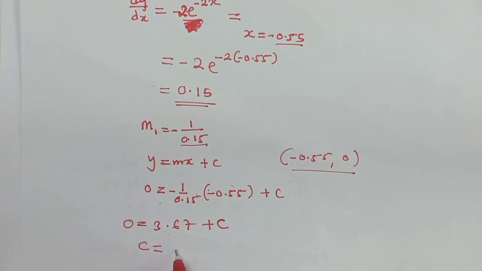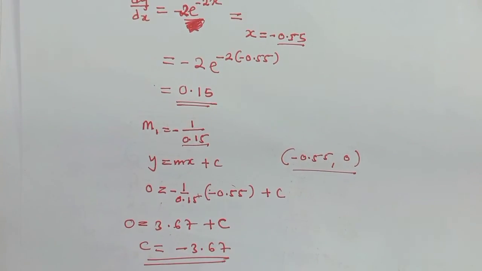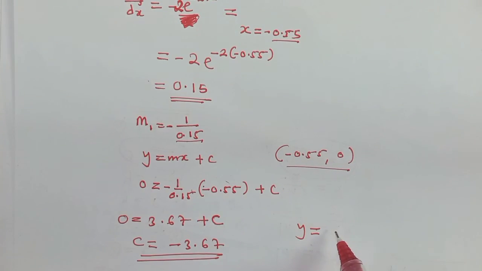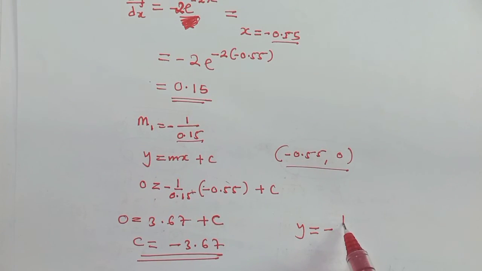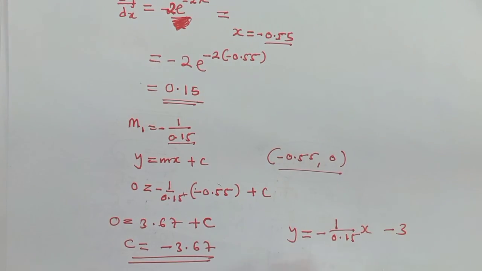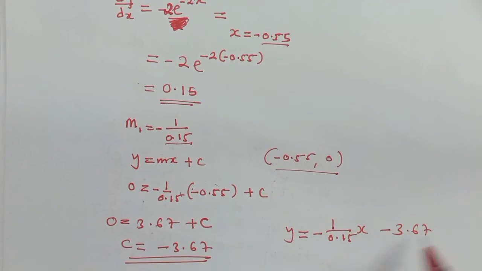And then to solve for c, we get negative 3.67. So now since we have got this c, we'll say y is equal to, the gradient is negative 1 over 0.15, x minus the c here, 3.67.